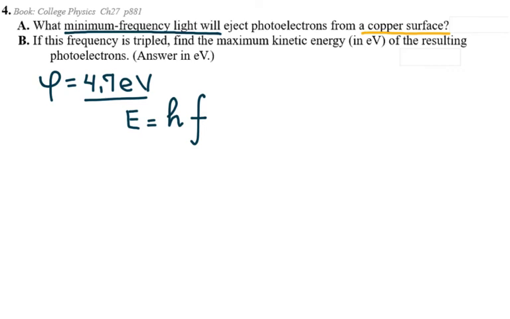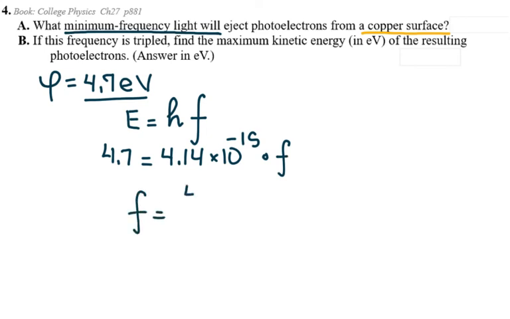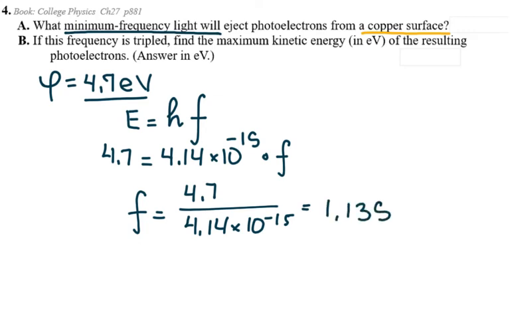So I have 4.7 electron volts equals 4.14 times 10 to the negative 15 electron volt seconds times the frequency. So this frequency is going to be equal to 4.7 divided by 4.14 times 10 to the negative 15, and that will give me 1.135 times 10 to the 15 hertz.